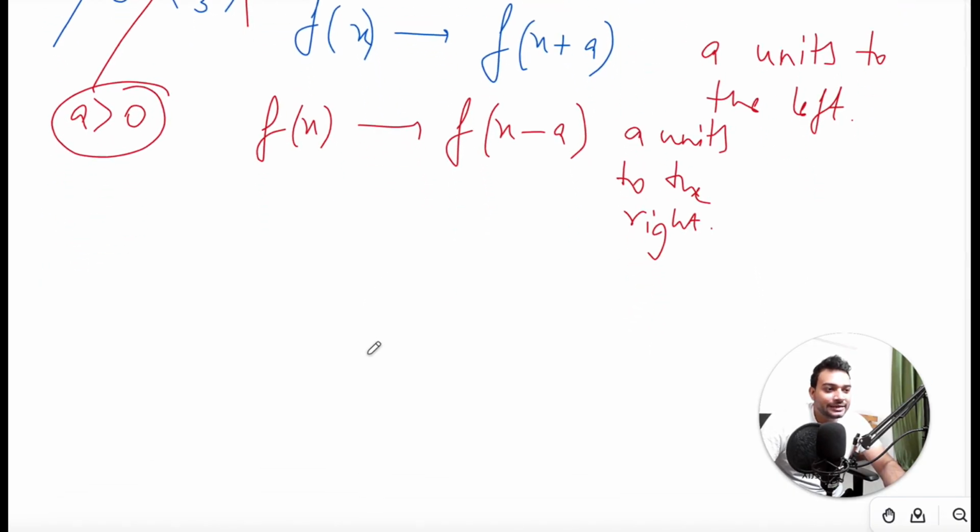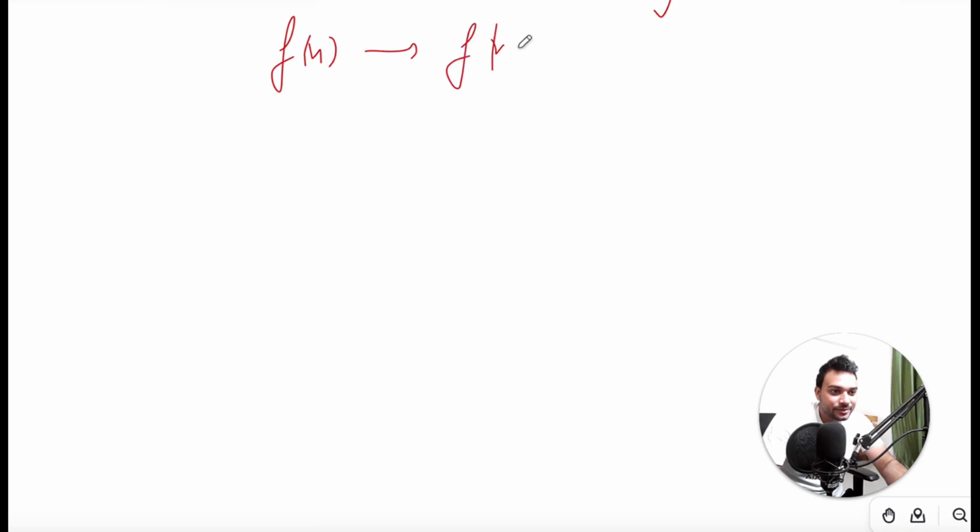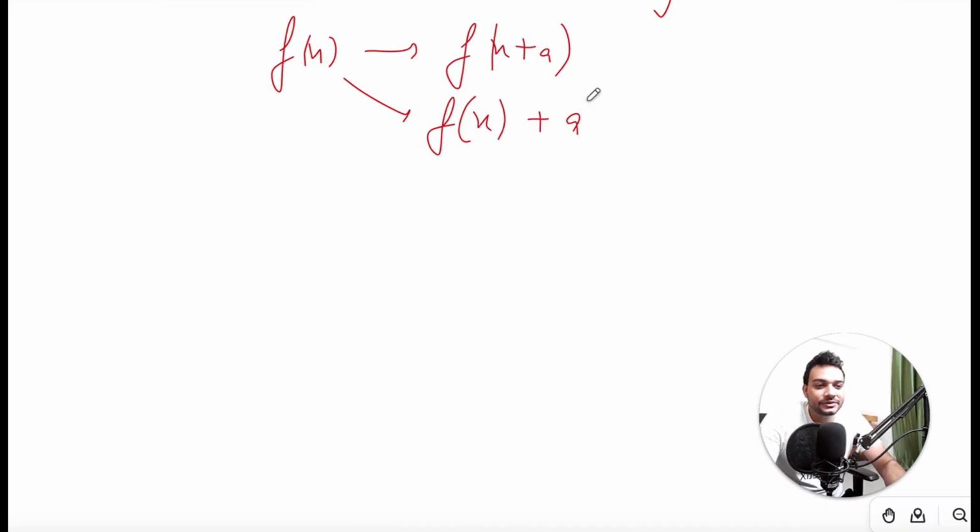Next we look at the other transformation, which is the function level transformation of the same thing. So right now what we did was input level transformation, f of x goes to f of x plus a. Now we're going to do f of x goes to f of x plus a. Okay, in this case what happens, so here the transformation happened on the x-axis. If you see, the motion of the graph happened on the x-axis.